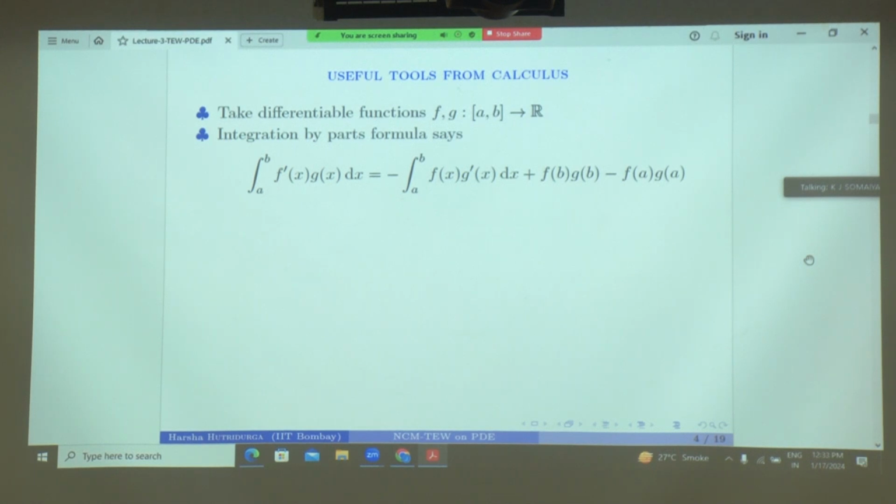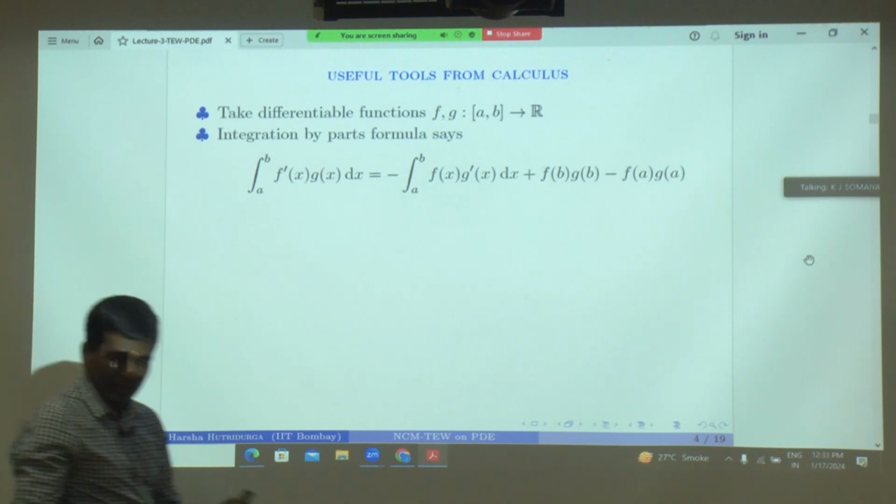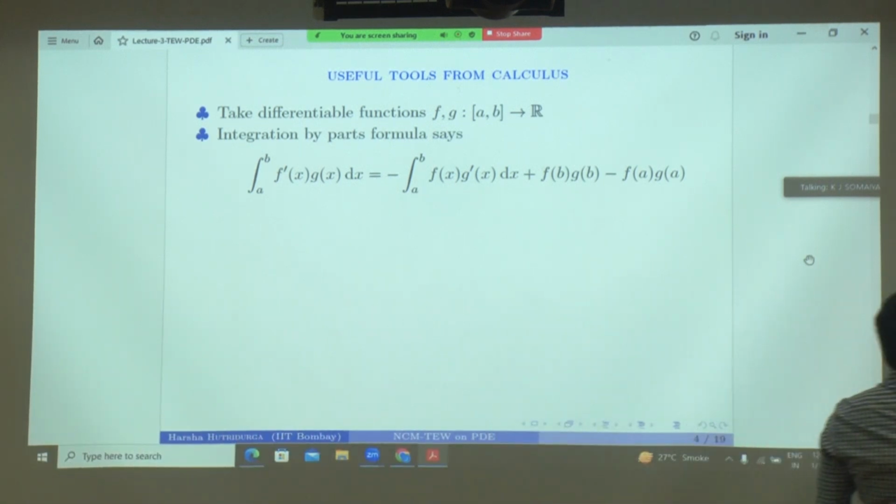And this is just a simple consequence of differentiating a product and the fundamental theorem of calculus. So we all know this, right? If I take a product of two functions, f and g, and differentiate the product, it is f prime times g plus f times g prime.